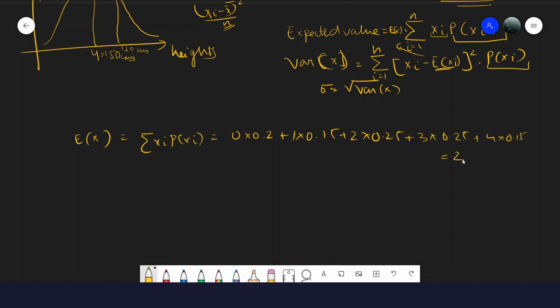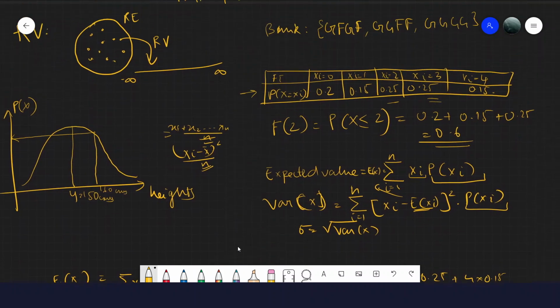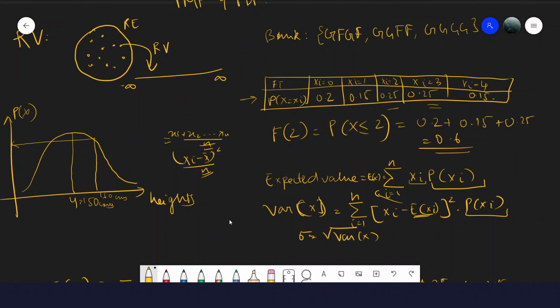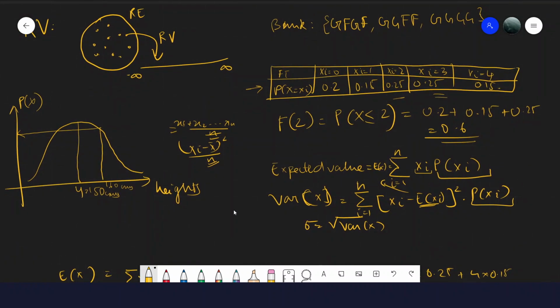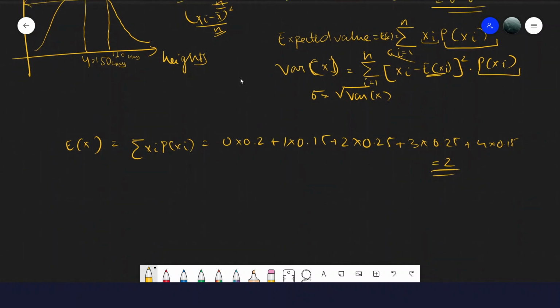So the expected value comes out to be 2. If you perform this experiment day in and day out with these probability values, on average over a very long period of time, you will see that the daily fraudulent transactions are 2. I've just applied the formula there.